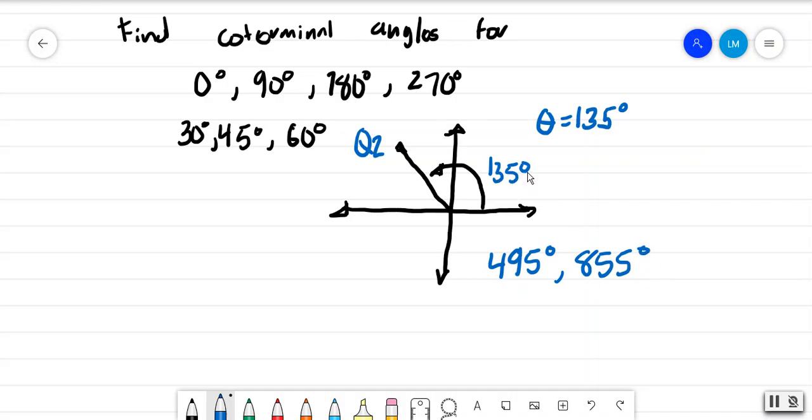So try to look at some of those possibilities when it comes to finding coterminal angles. And again, that formula is theta equals 360 degrees multiplied by n, plus theta prime, where theta prime is basically the coterminal angle. Okay?